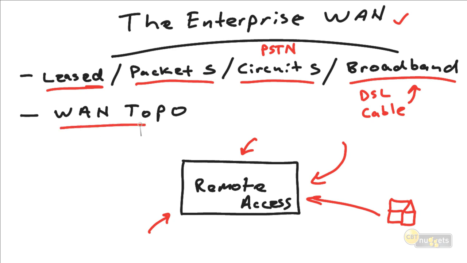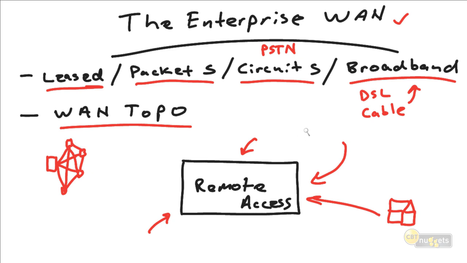Something else you think about is the WAN topologies that you are going to be interoperating with. For instance, if you have your enterprise and then a bunch of small branch offices, are you going to partially mesh them, for instance, in a popular hub and spoke type design, or are you going to try and fully mesh them, providing a direct connection from every node to every other node?